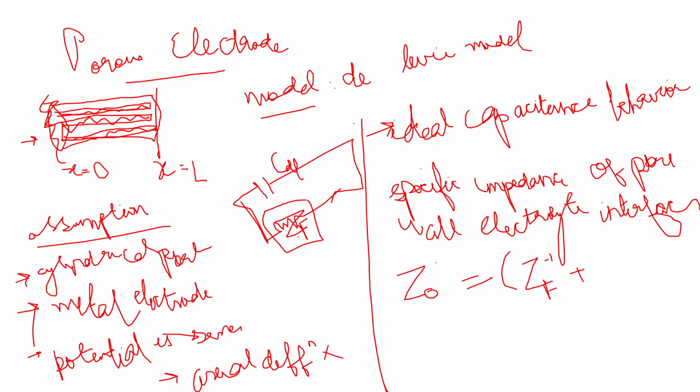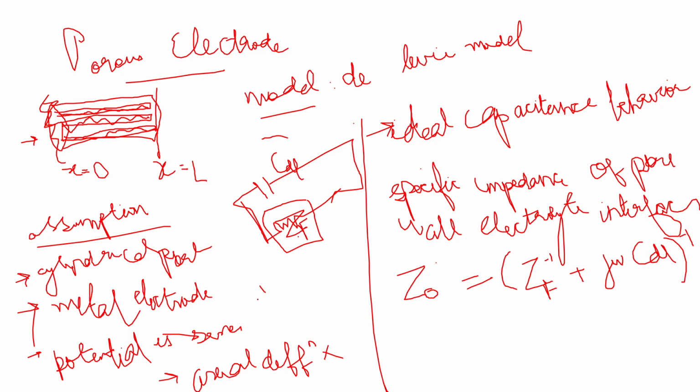Is there any doubt in what I've written? So the total Z naught value will be the sum of inverse of Z_F. How is that coming?